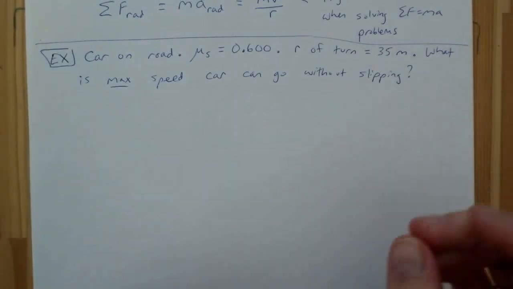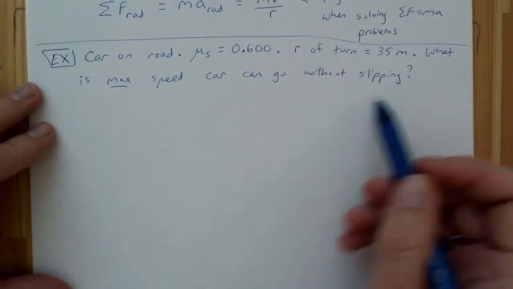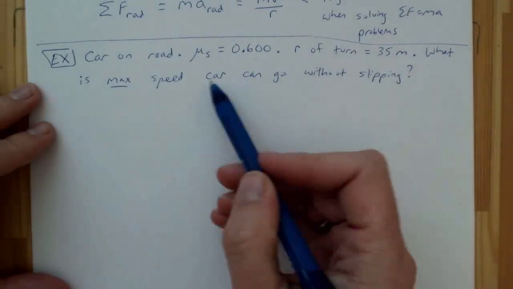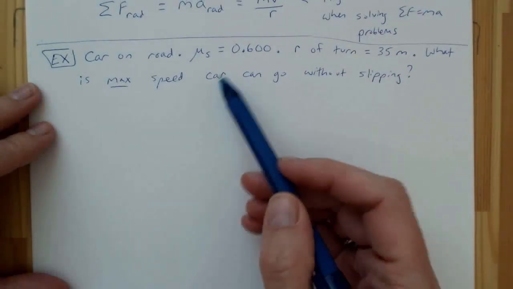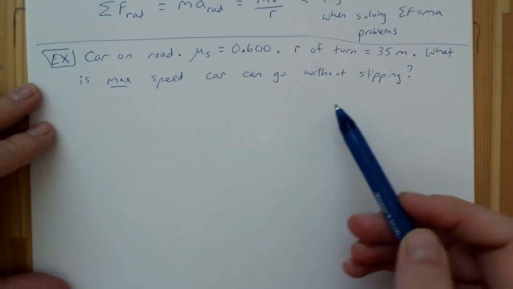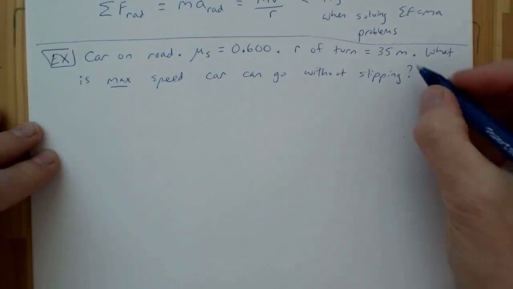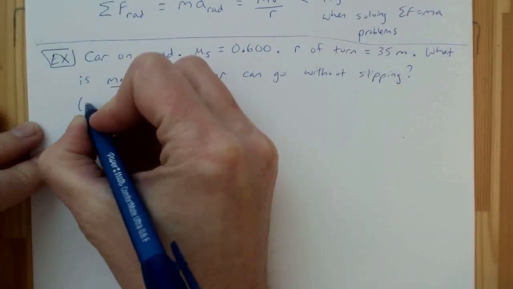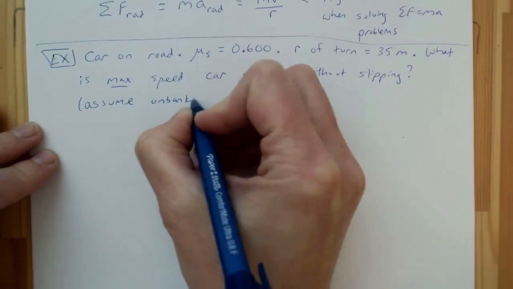A skidding tire would be kinetic friction, a rolling tire is static friction. So if you're moving too quickly during that turn, the force of static friction isn't going to be enough to hold you on the turn, and the car is going to skid, and its inertia takes over. For this, we're going to assume what's called an unbanked road.